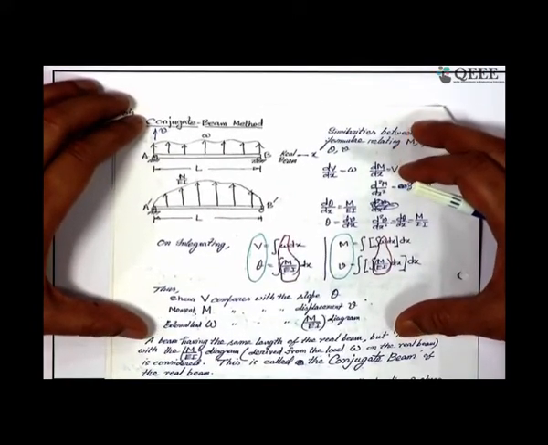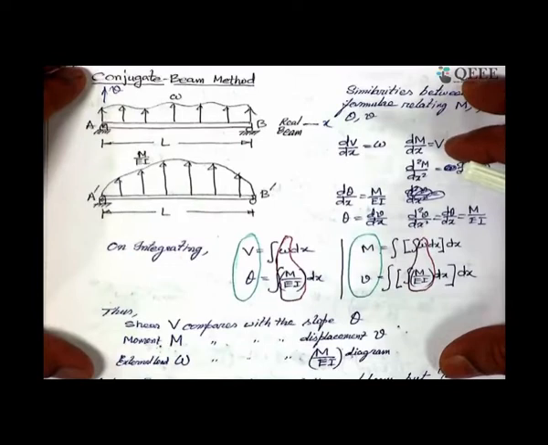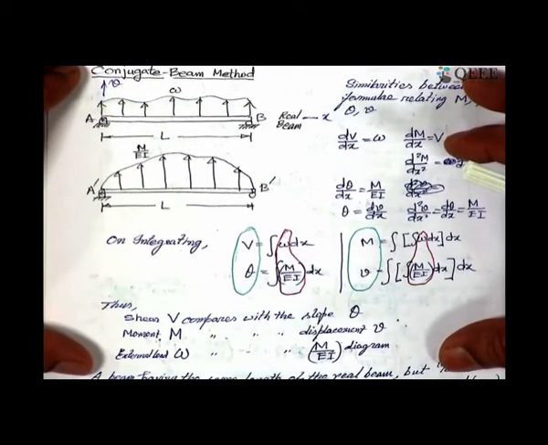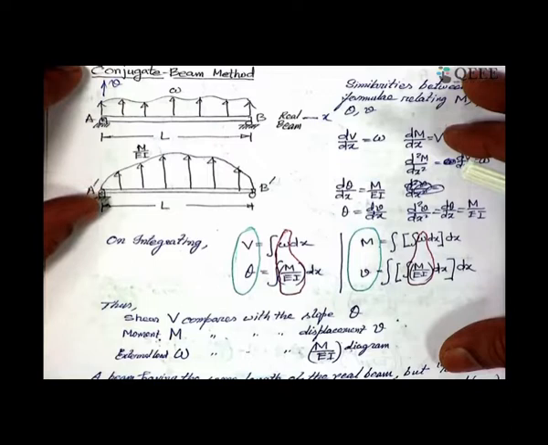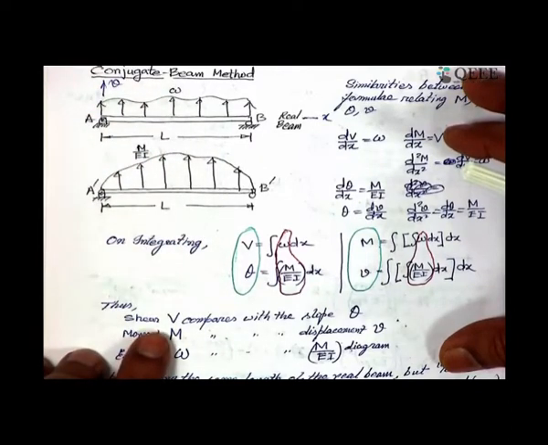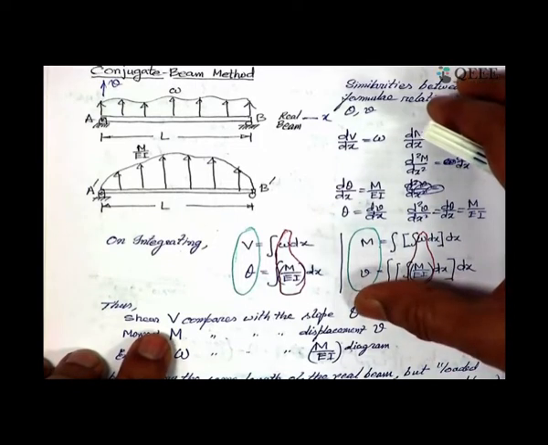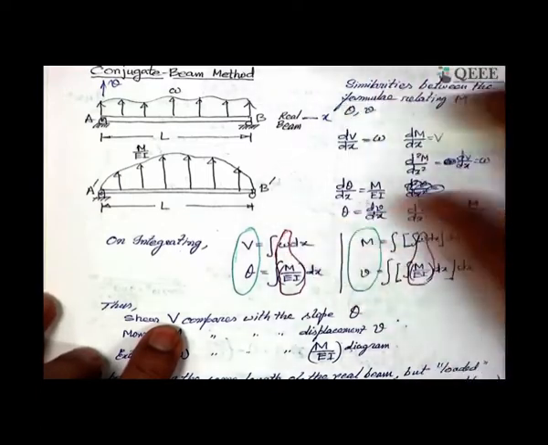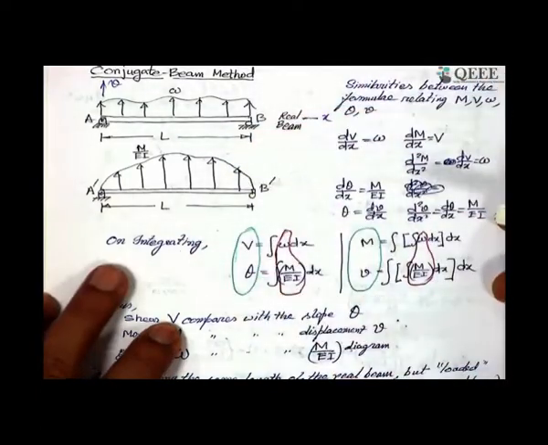If you load the beam with the M by EI diagram, as in the moment area theorem, and also take care of the kinematic conditions at the supports, then you can convert the real beam into what we call a conjugate beam. If we are interested in finding the slope, we find the shear in the conjugate beam, and this is the correspondence.